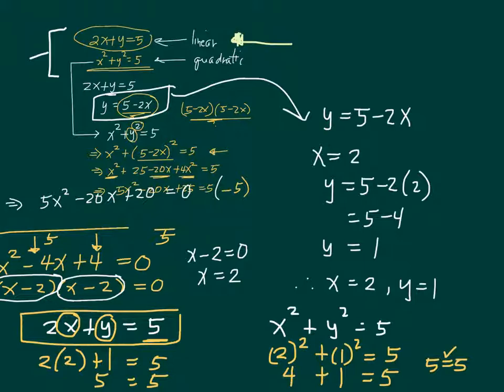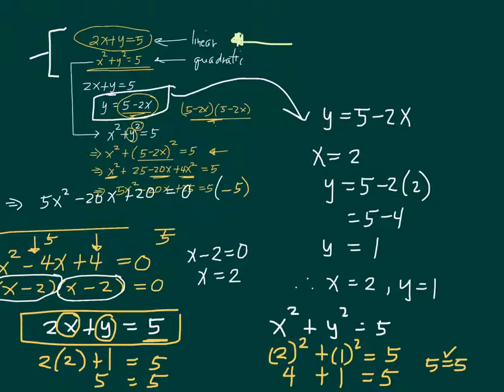The rest of the steps will just follow after you put the corresponding expressions for the y or for the x. And in the end, don't forget to check if your answer is correct by substituting those numbers in the original equations.